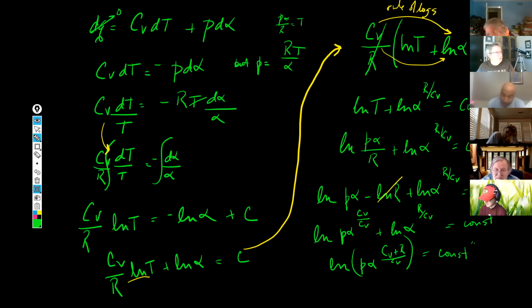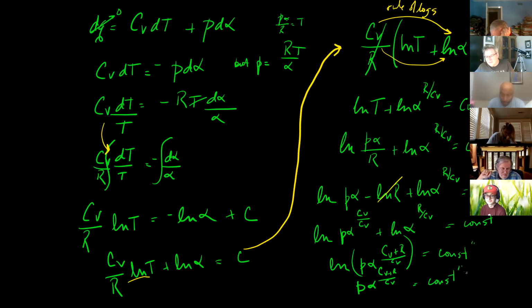But if I take e to both sides at this point, I get P alpha to the CV plus R over CV is equal to just another constant.